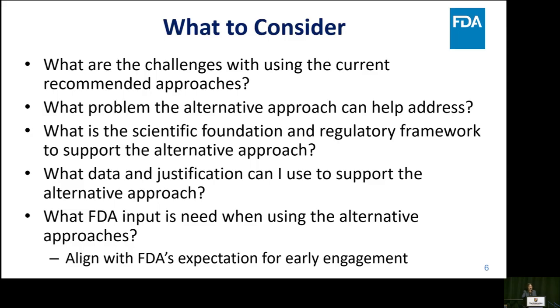And fifth, what FDA input do you need? This brings us back to the importance of early engagement, which I cannot emphasize enough. These 5 questions should guide your thinking from the very beginning of your drug development program.